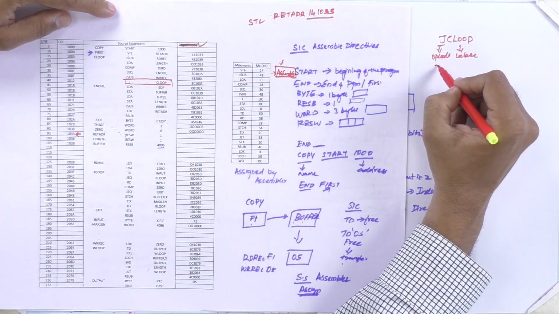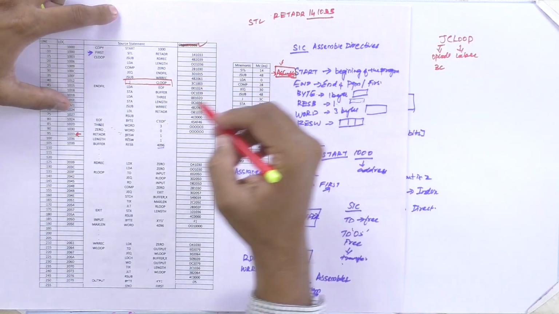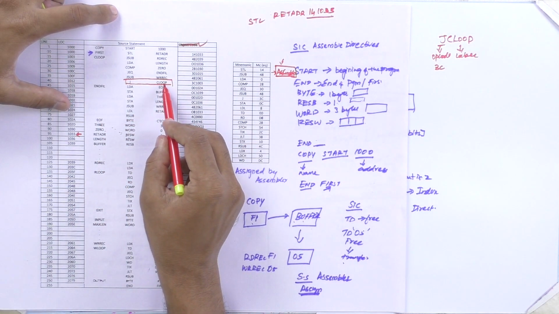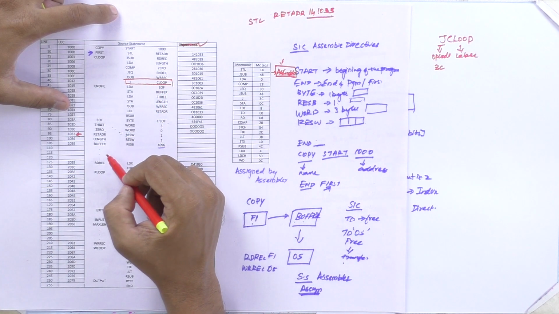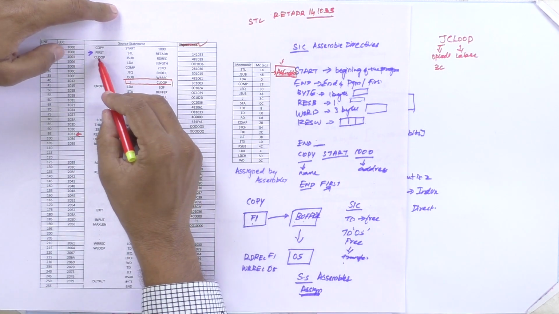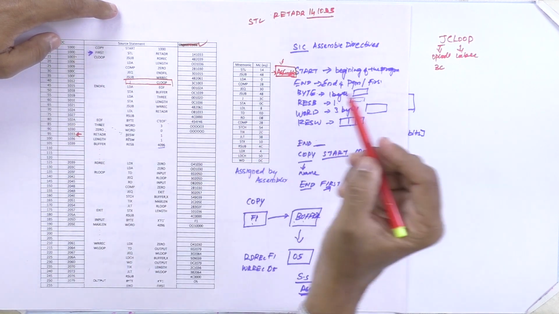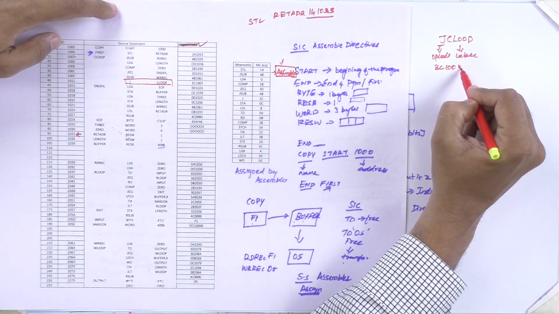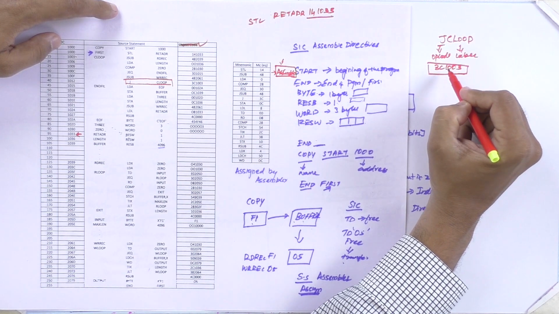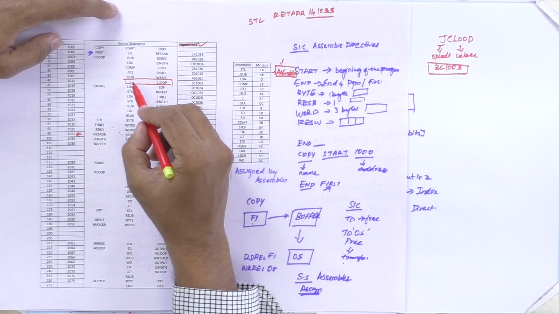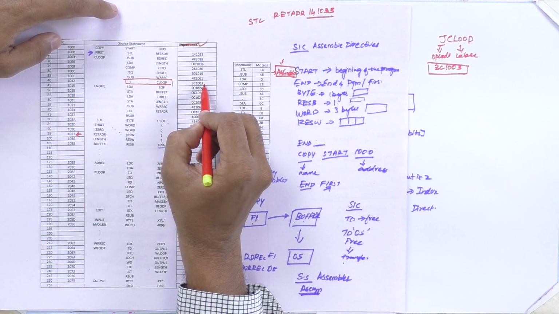J is 3C, and C loop can be defined somewhere inside the program. You can see where C loop is. C loop is defined in the program before this, so the value of C loop is 1003. So JC loop is interpreted as 3C1003. You can see here, JC loop 3C1003.